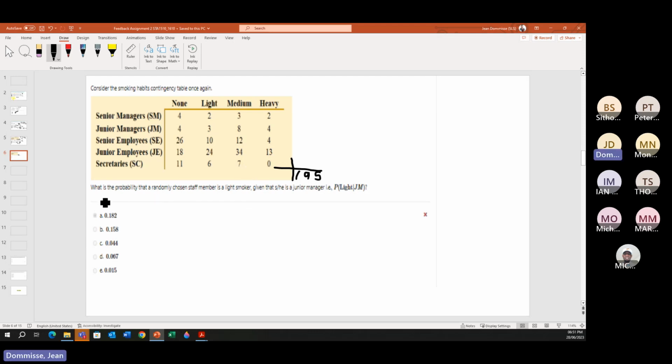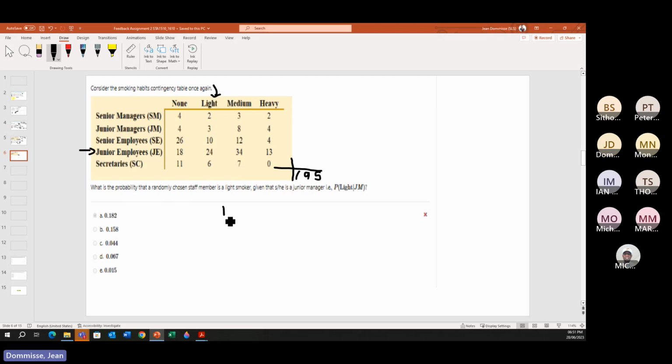So in this one, they ask us, what is the probability that a randomly chosen staff member is a light smoker and that she or he is a junior employee?